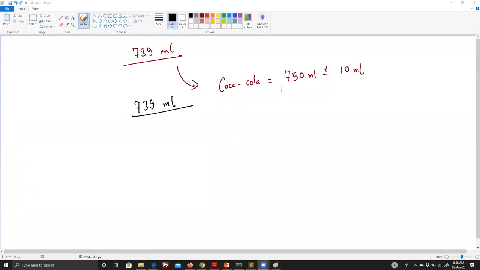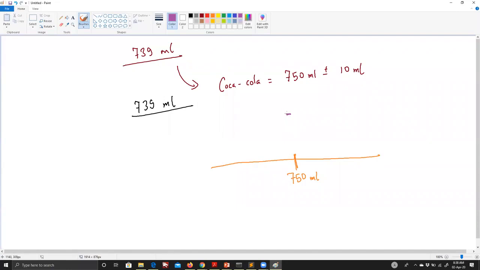So first, try to imagine, let's say, the Coca-Cola filling process. 750 ml is here. Most bottles will be filled around 750 ml.